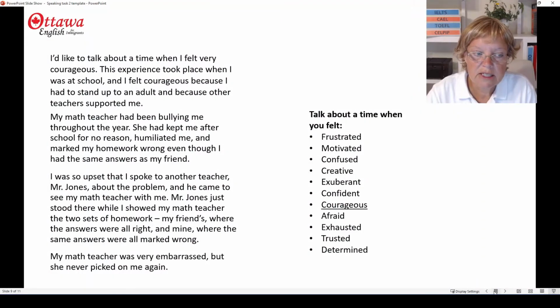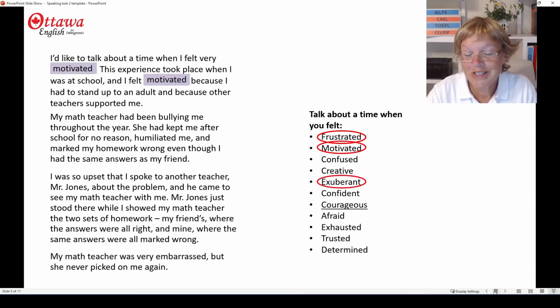And so this little story illustrates courageous. But by simply changing two words, I can illustrate frustrated, or motivated, or exuberant, which just means really happy, or afraid, or determined.